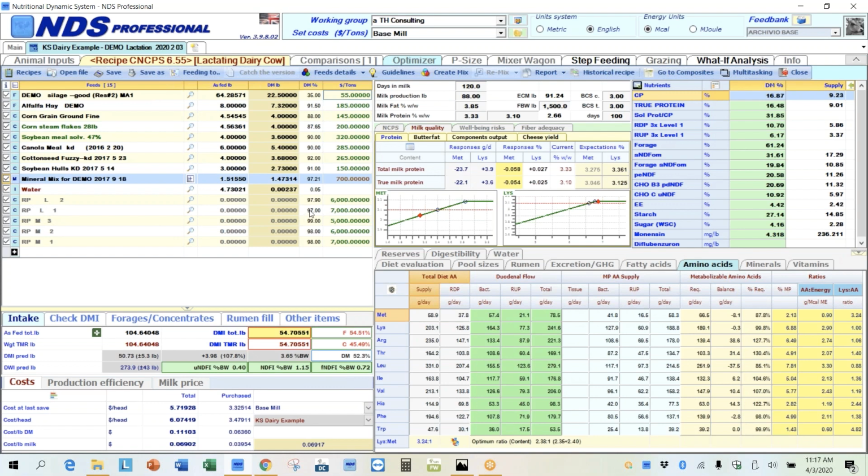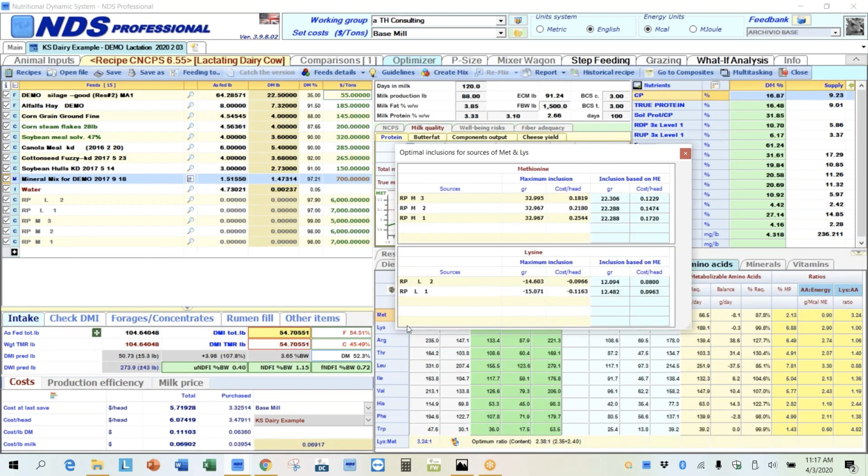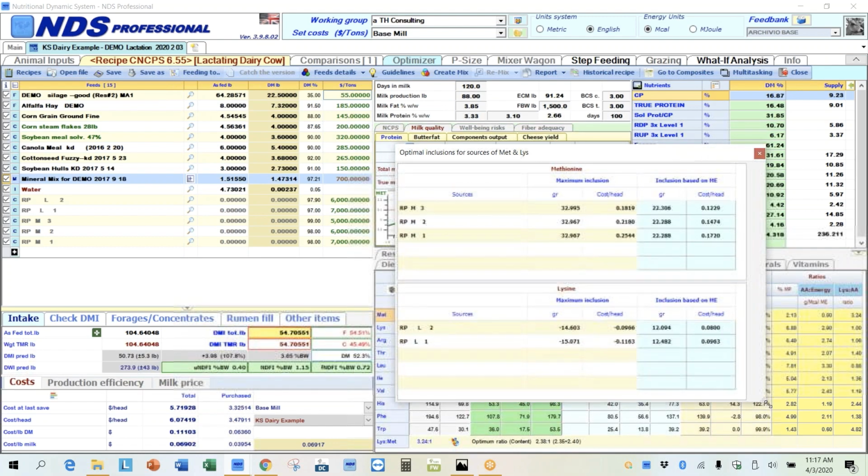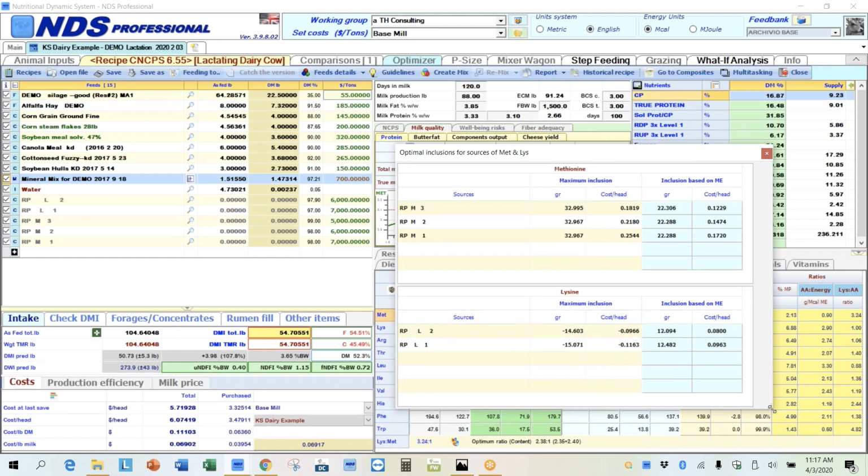Put different prices on them. In fact, I left the availabilities all the same, but if I click on this little box here, it will actually give me a small window here that will let me look at including any one of these products.